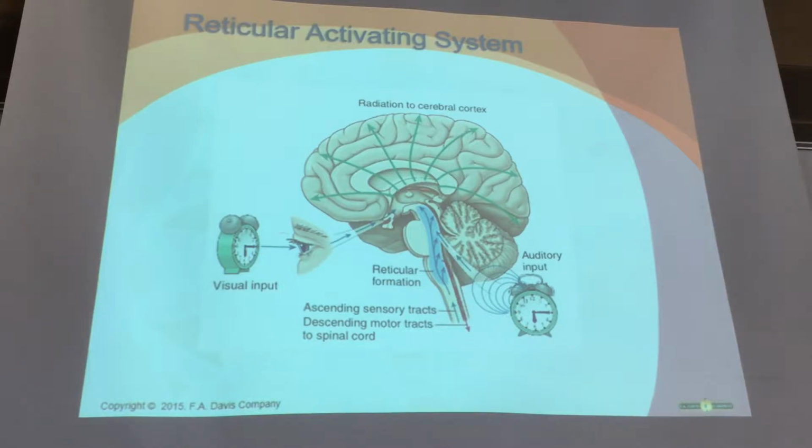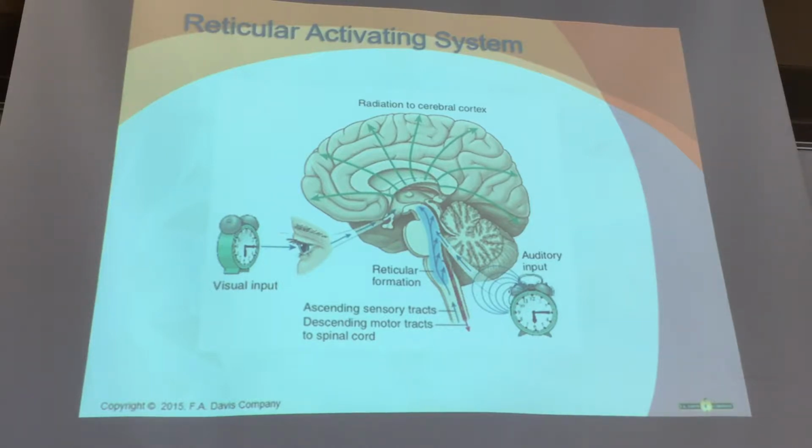And so basically this system is responsible for keeping you awake and alert. So hopefully right now your reticular activating system is working, right? So drugs that depress this system can cause you to fall asleep. Like a sleep aid is going to turn off this reticular activating system.